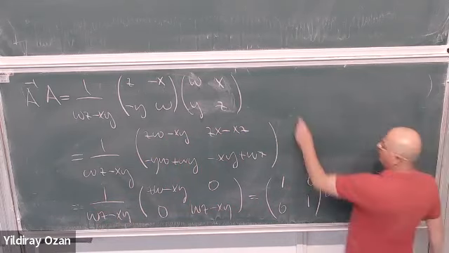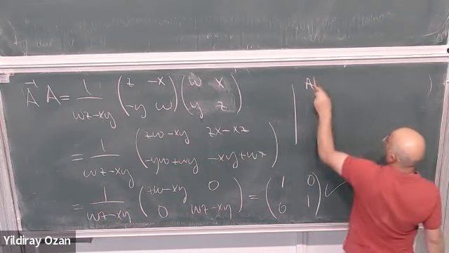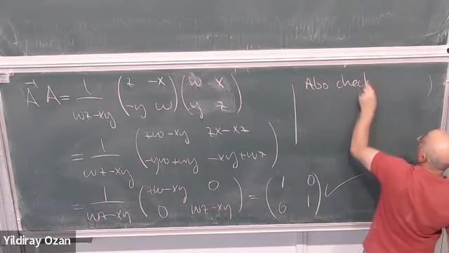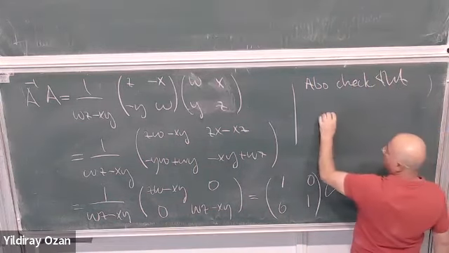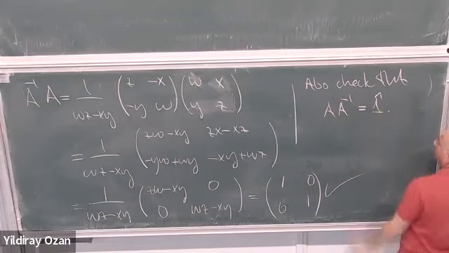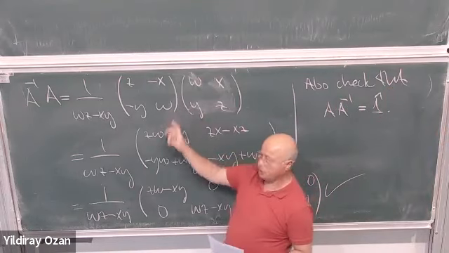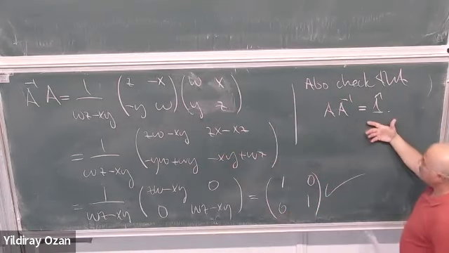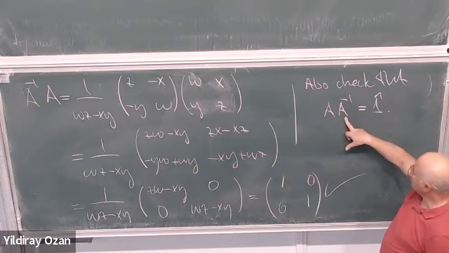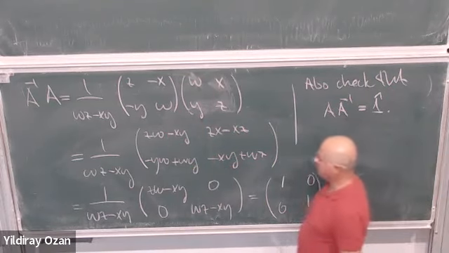And then also one must check that A times A inverse is identity. Okay, just a similar computation. You just interchange these two. So this gadget satisfies both equalities.